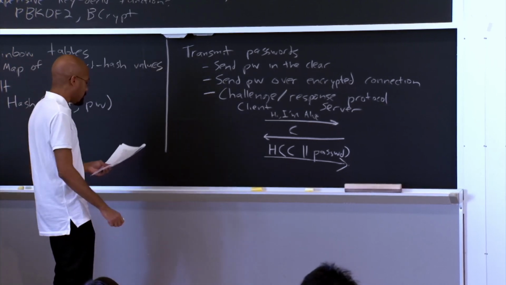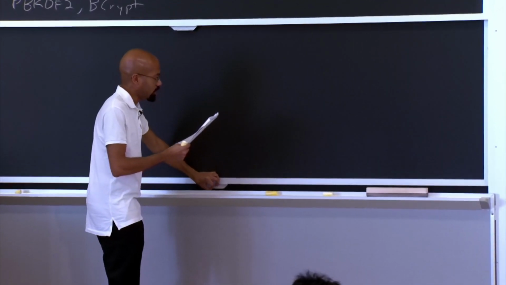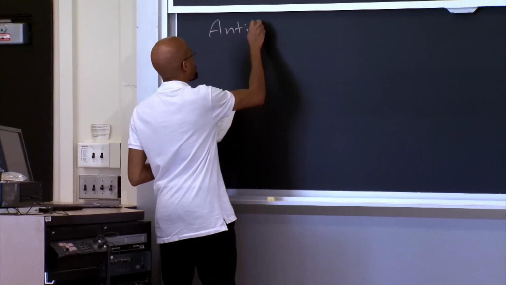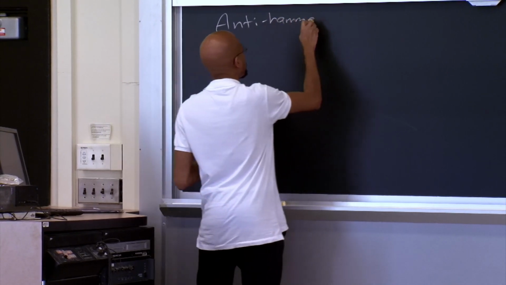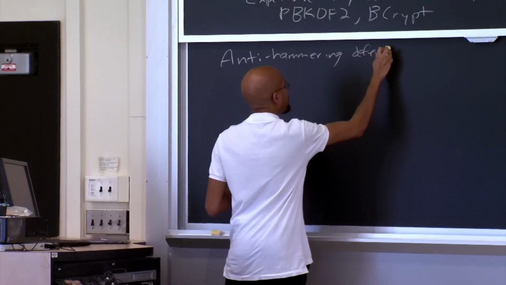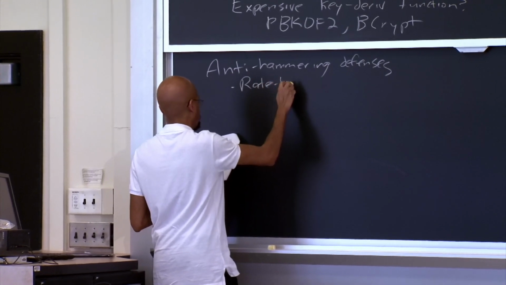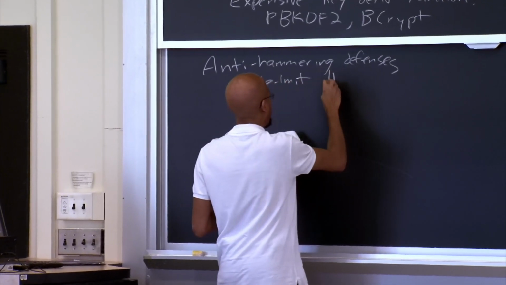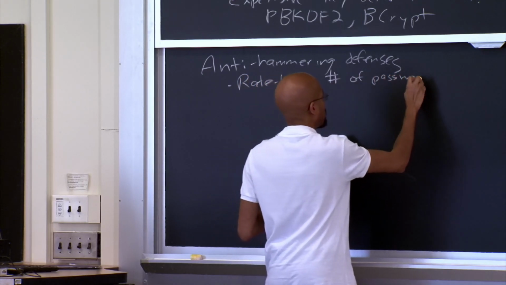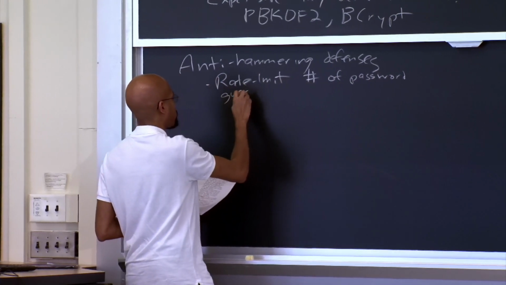So one thing that I mentioned that might be useful to do is implementing these anti-hammering defenses. Anti-hammering defenses are basically designed to rate limit the number of password guesses that a bad client can issue.